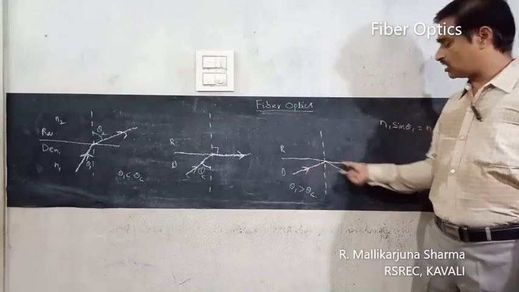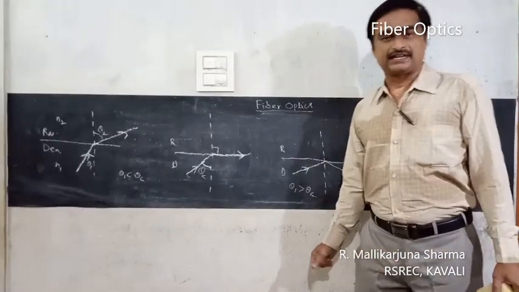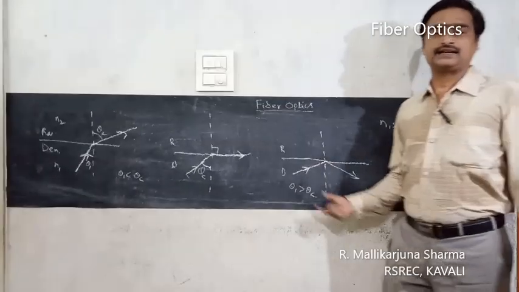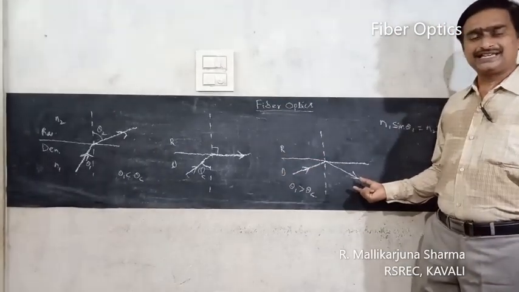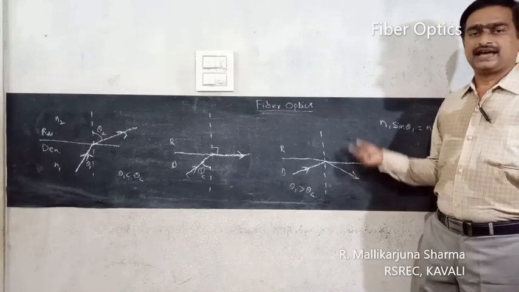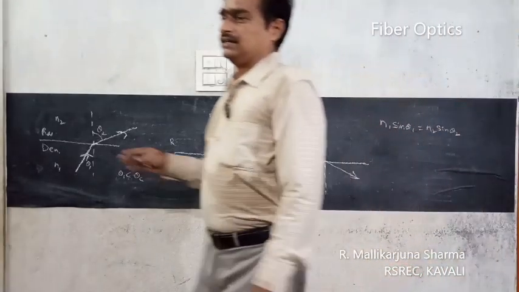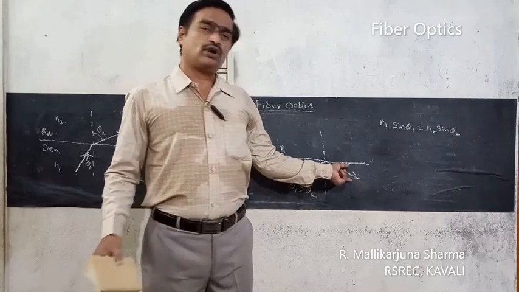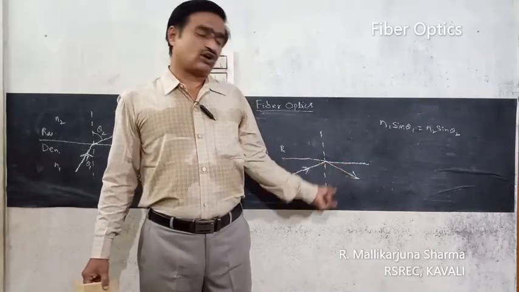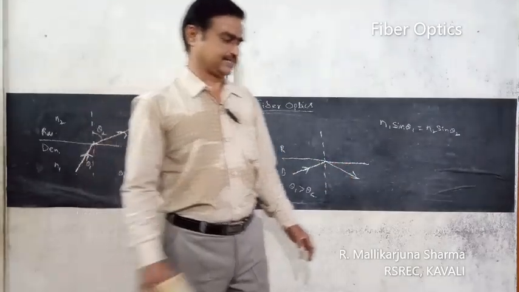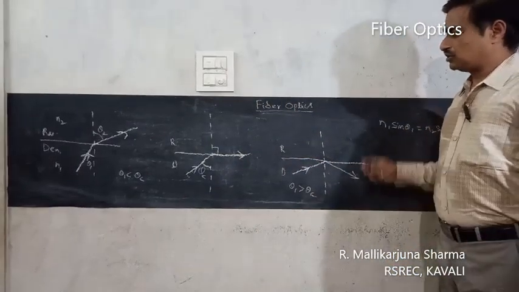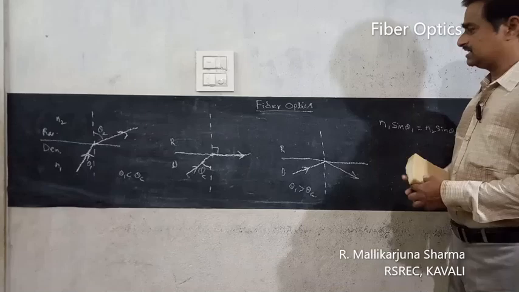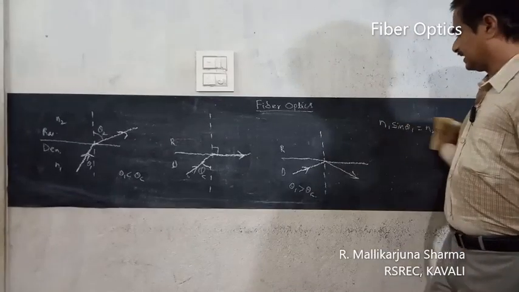This process is called total internal reflection. Why it is called total internal reflection: it is totally reflected back into the same denser medium. As compared to ordinary reflection, this has more energy. That's why it is called total internal reflection. Okay, by making use of this, we are going to have some calculations for this fiber optic material.